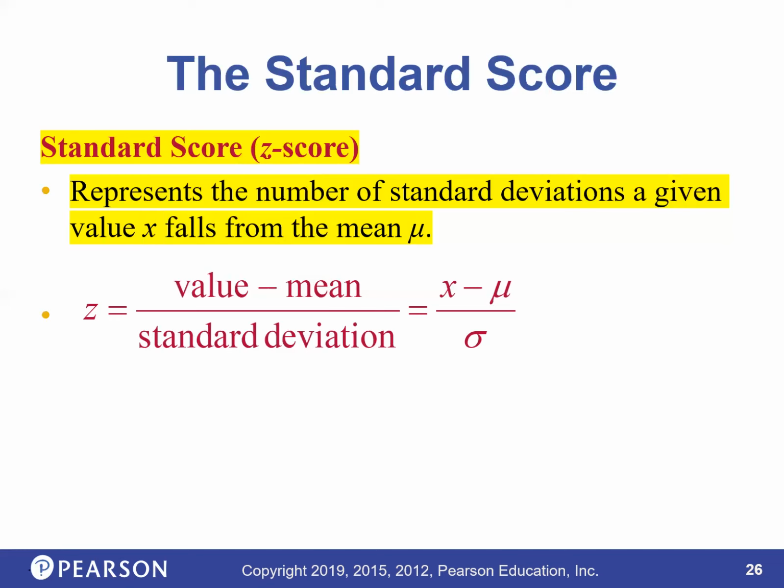The formula is given as the value, which is X minus mu, which is the mean, divided by the standard deviation. Very good. Formula down.